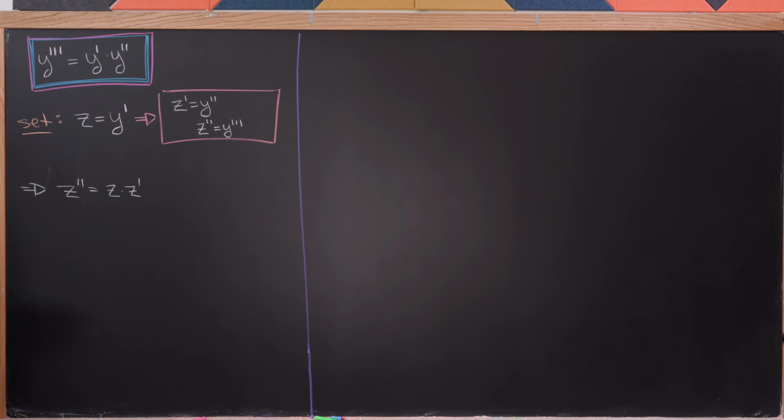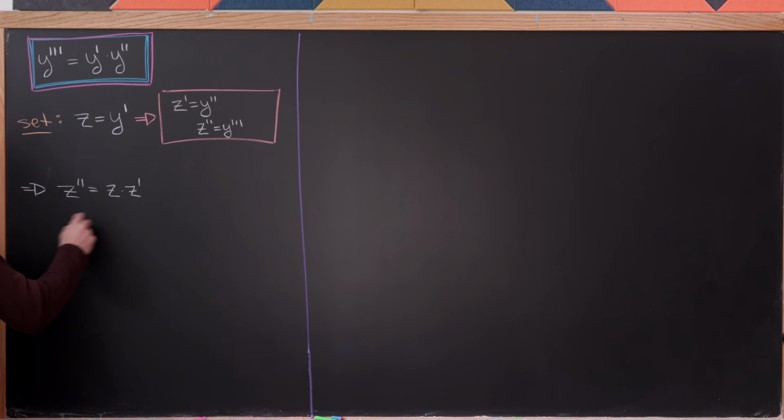Oh, but now looking at this right-hand side, observe we have a function times its derivative. So in my mind, that looks like we've applied the chain rule to some function of z. And in fact, if we multiply both sides by 2, we can see it more clearly.